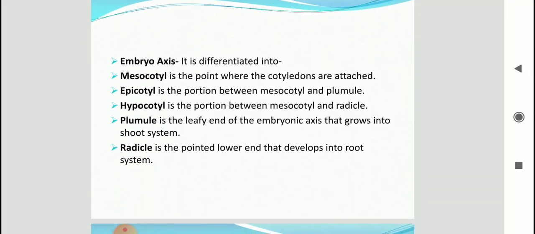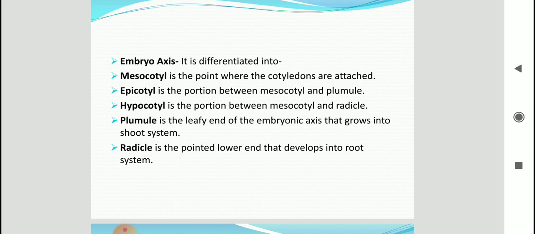Then I said we will study about embryo axis. Now children, this embryo axis is actually dividing the embryo into different regions. To it we find that the cotyledons are attached. So if you see the axis, you will find that it is differentiated into different regions.